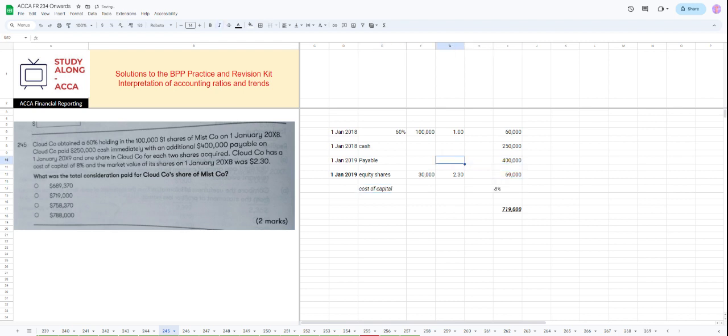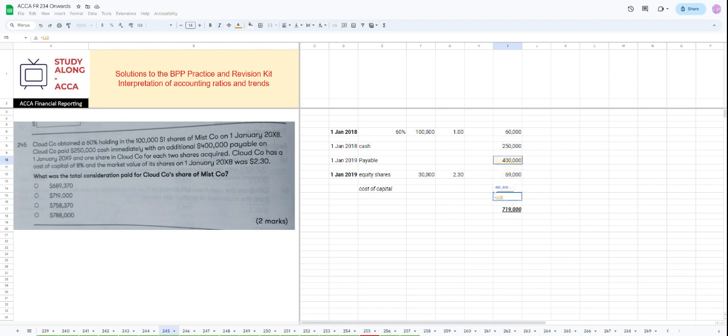So let's redo this. Cash we will be paying 400,000, but we will pay this on 1st January 19, and it is asking about the total consideration as on the date of this acquisition. So on this date, we need to revalue this 400,000. Our cost of capital is 8%. So how do we calculate it?